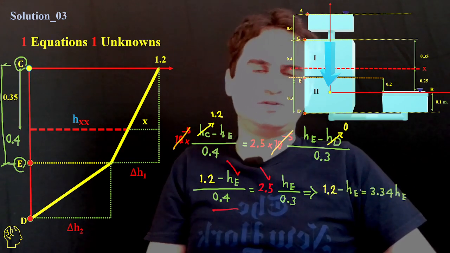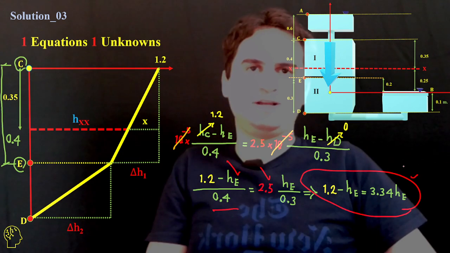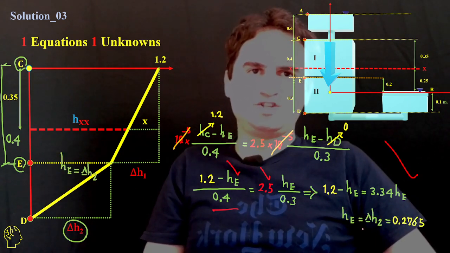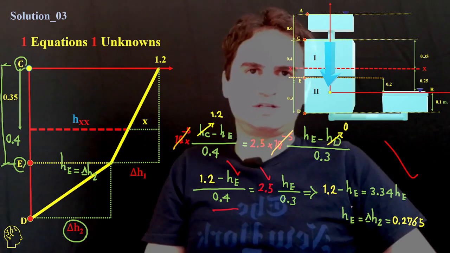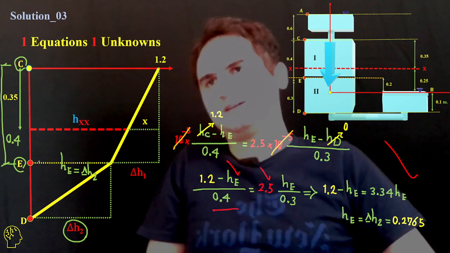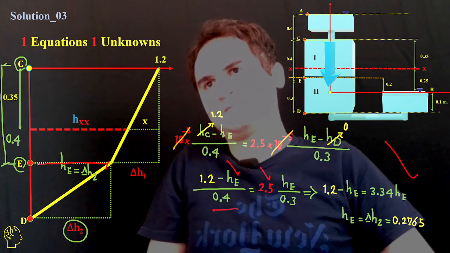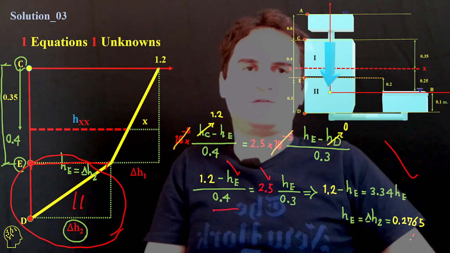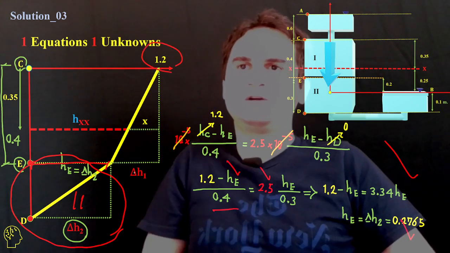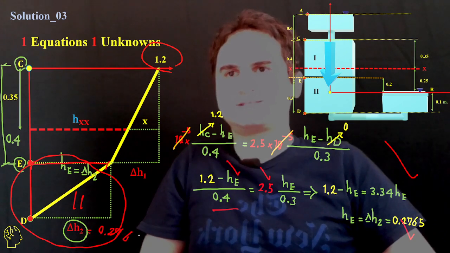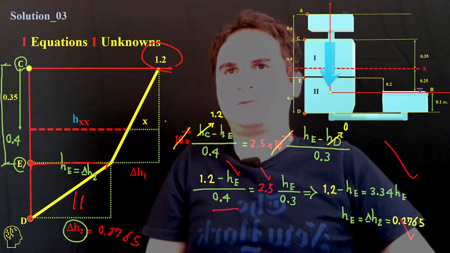If you rearrange this equation, it gives you what HE is. And H at E, as you can see here, is this much. Based off this rectangle, HE is equal to delta H2. As soon as we have delta H2, we just simply subtract delta H2, which is 0.765, from the total, 0.2765, and it gives us delta H1.